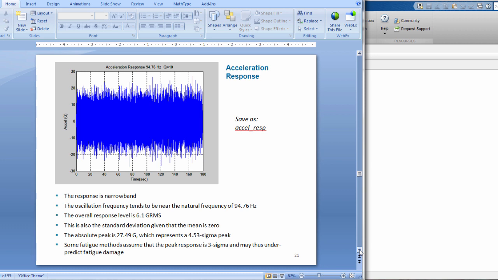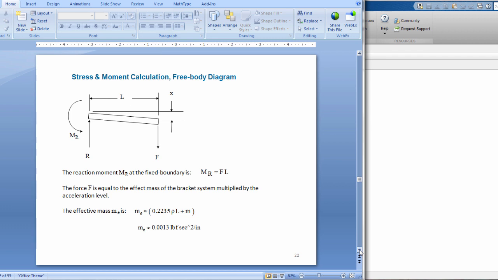Okay. Now, at this point, because we're going to look at the possibility of an absolute ultimate stress failure, we're going to have to convert this acceleration into stress. The proper way to do this is a strength of materials type calculation, looking at the strain field along the beam.